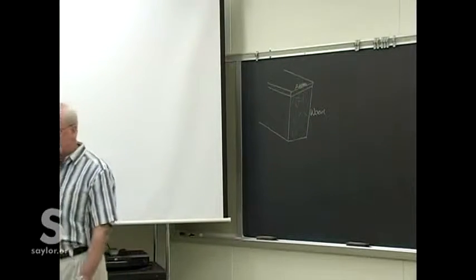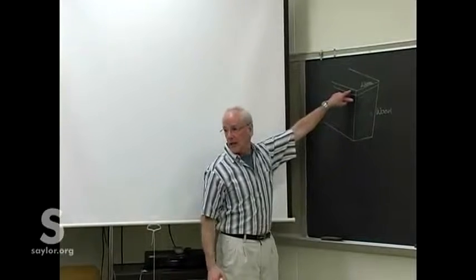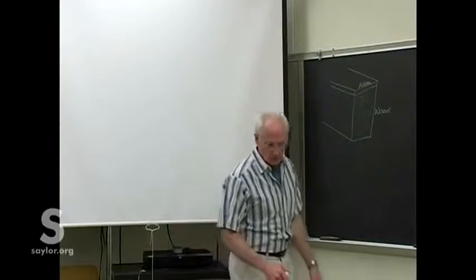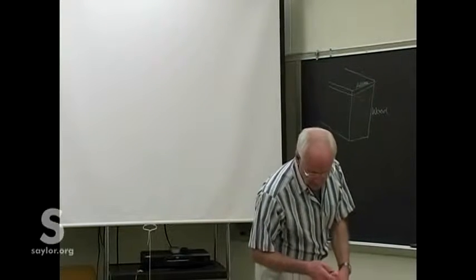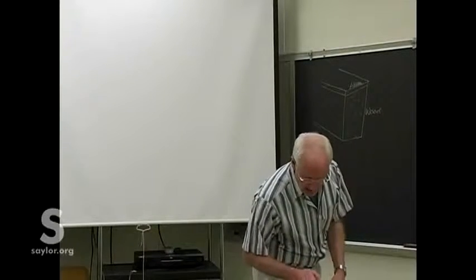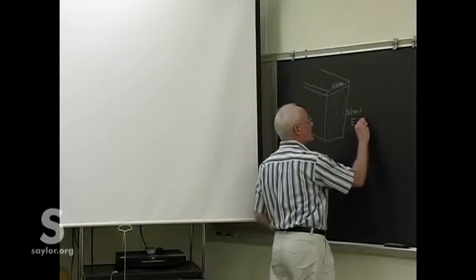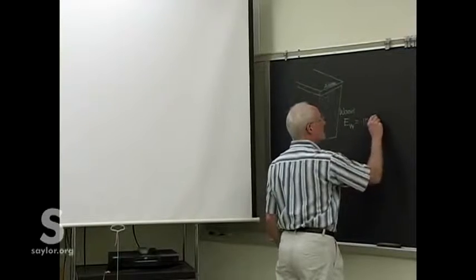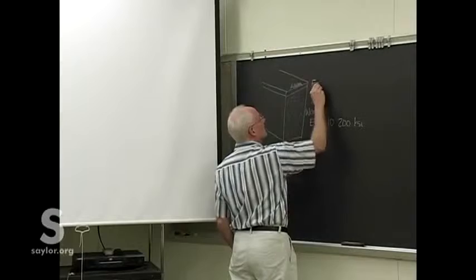If you were a structural designer for a great Adirondack camp, your customers are not going to be real happy if the beams are aluminum. They're going to be a lot happier if the beams are wood. So we'll design for that kind of beam. So let's see. The Young's modulus for wood is 10,200 KSI.